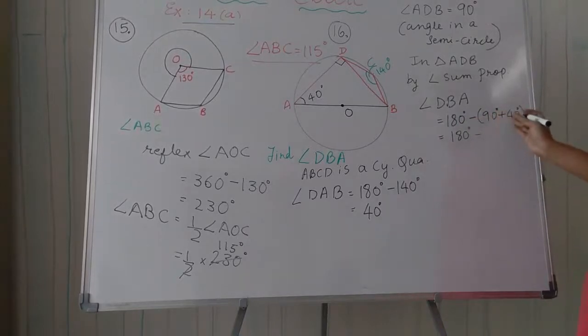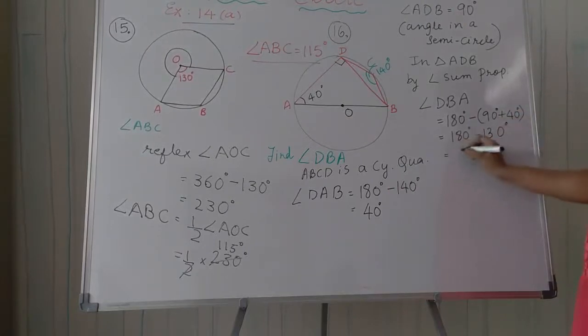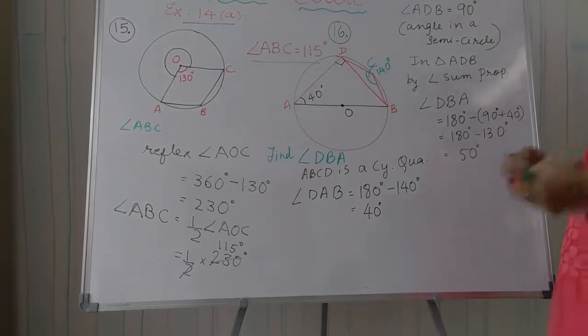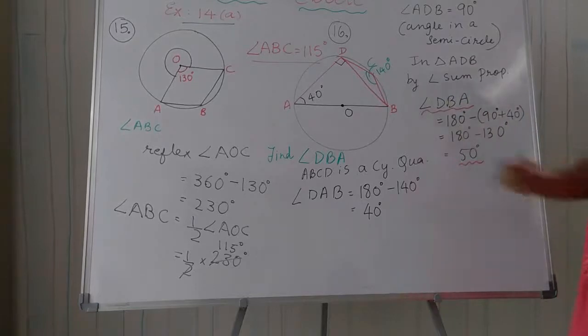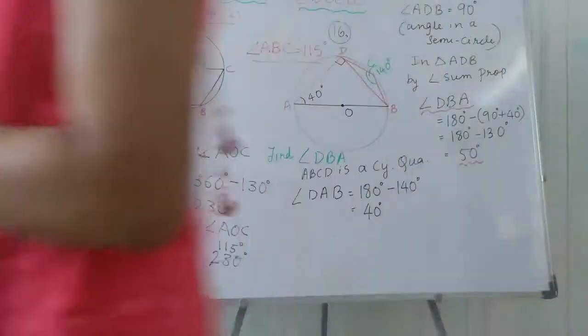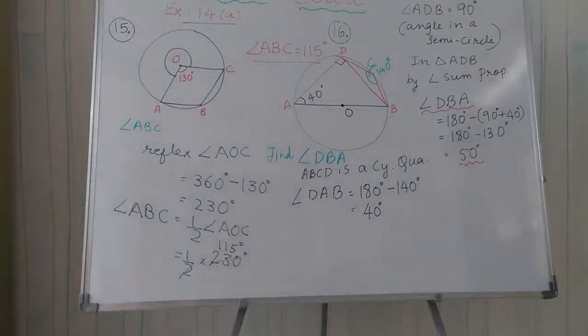Generally I write directly like this: 180 minus the sum of two angles. So that is 130 degrees, so the angle is 50 degrees. So we get the angle which they asked to find out. DBA is equal to 50 degrees, which is our answer. So here we have used the cyclic quadrilateral property and the angle in a semicircle property.